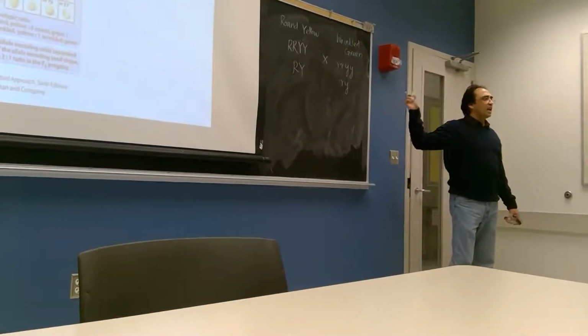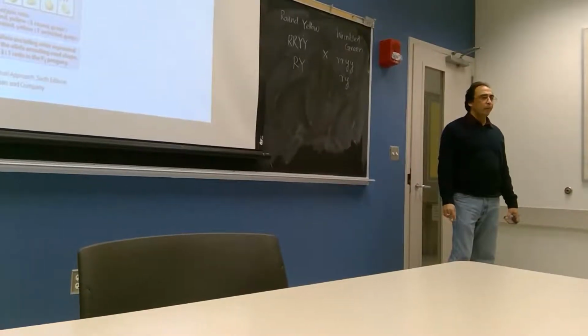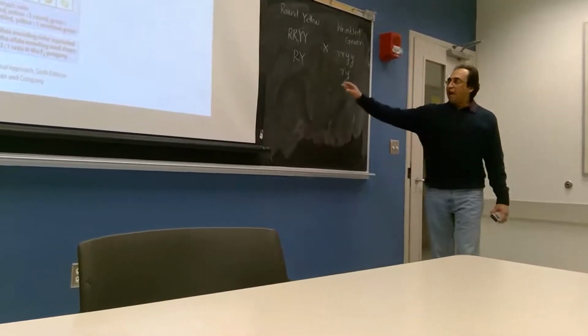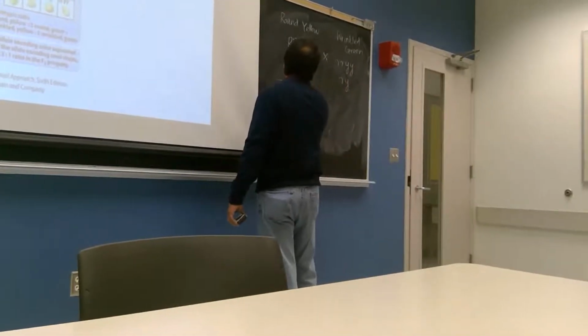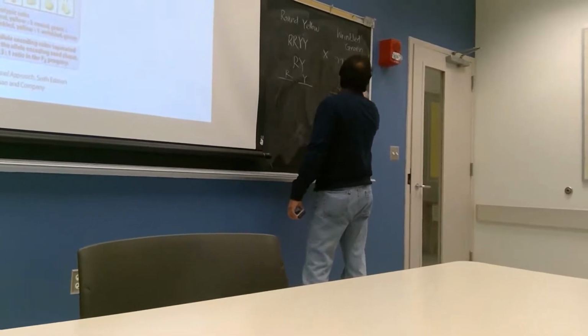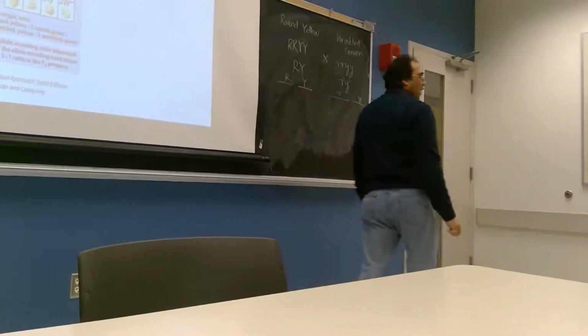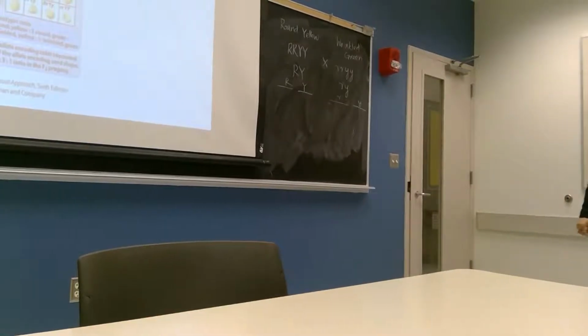This will be our gametic composition of chromosomes. Two chromosomes, one is R, one is Y, and in the other cell, one is small r, one is small y. They will fuse together to form a zygote.